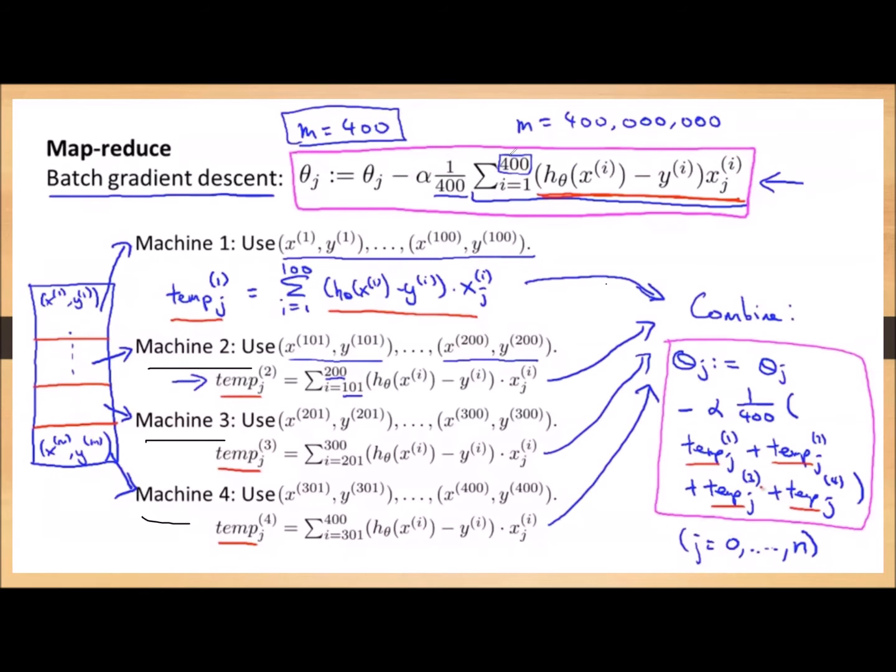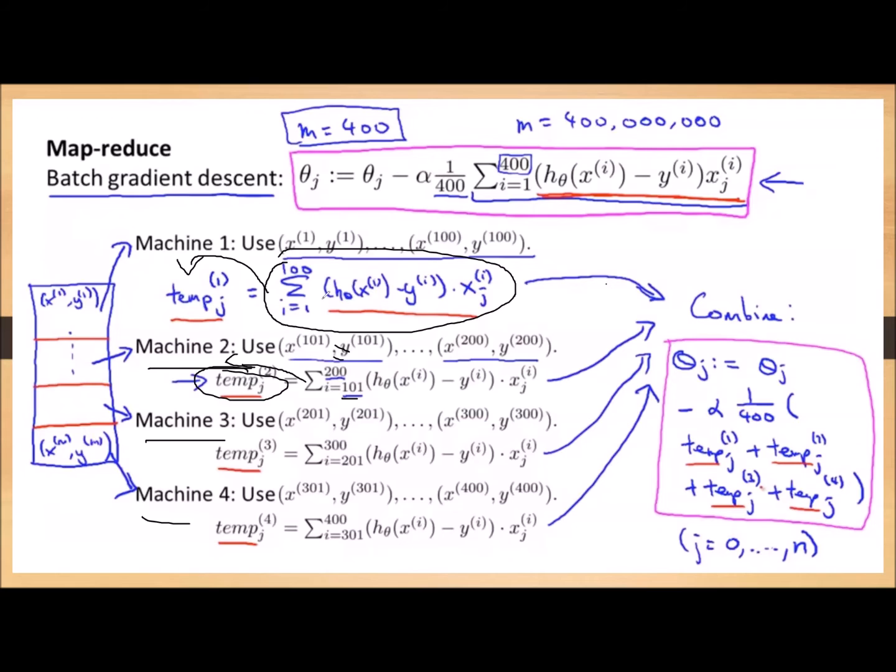So out of these 400 training samples, I am giving 100 samples to the first computer, and the summation I am storing in temp 1. For the summation from 100 to 200 I am using machine 2, and I am storing the results in temp 2. Similarly, I am using all 4 machines.